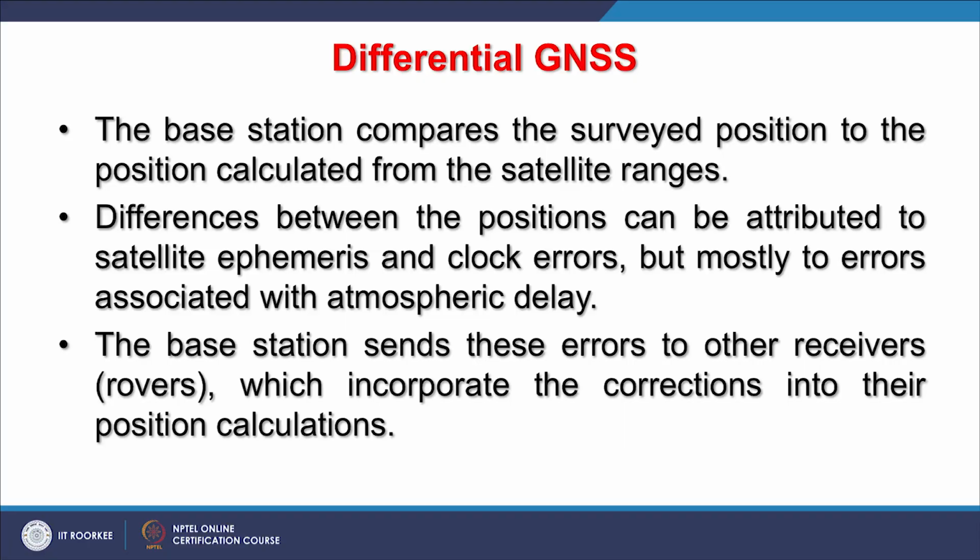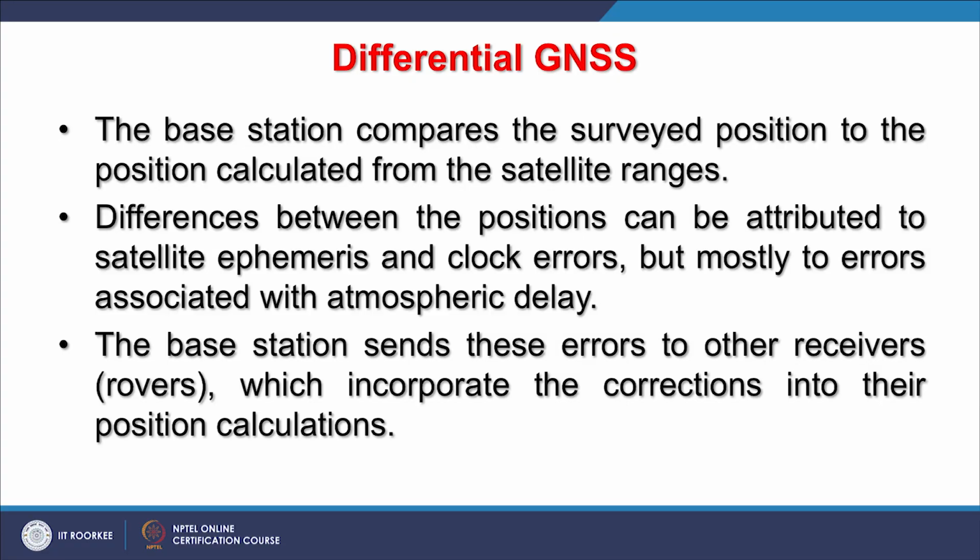And the base station sends these errors to other receivers. There may be one or more rover receivers, which incorporate the corrections into their position calculations. If a real time differential position is required, then the signal can be sent from a permanent station or base station to the rover station.